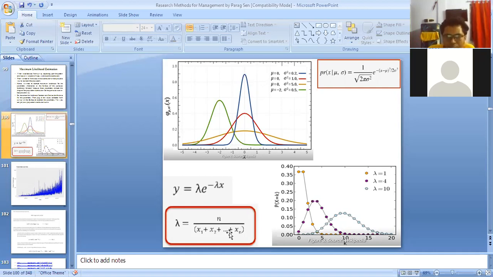But in the case of logistic regression, we will see that we cannot simply use the least square method. That is not possible to use. Rather, we can use maximum likelihood estimation in order to find out the constant terms and the coefficients.